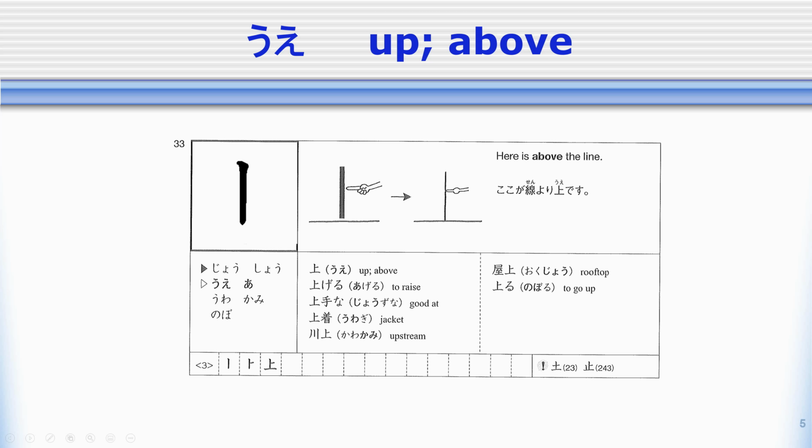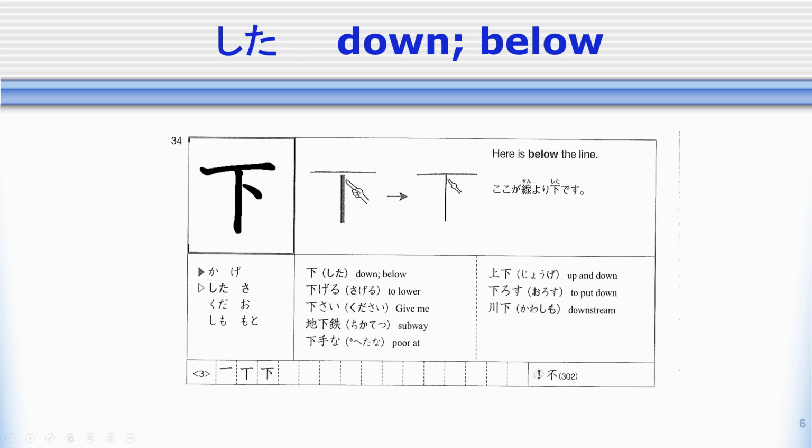Our next kanji is shita. We use this kanji to mean down or below. So we will start with the horizontal line this time. Ichi, ni, san. Our last stroke is not straight left to right. It's actually a little bit diagonal, pointing down.